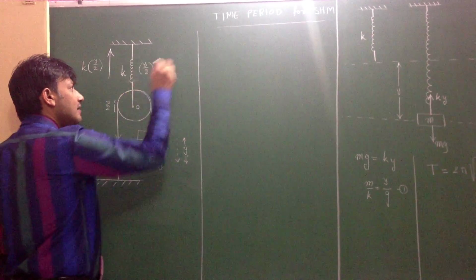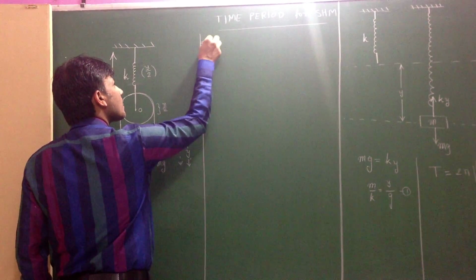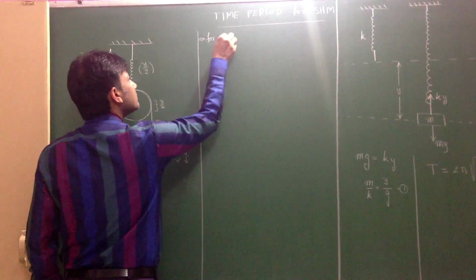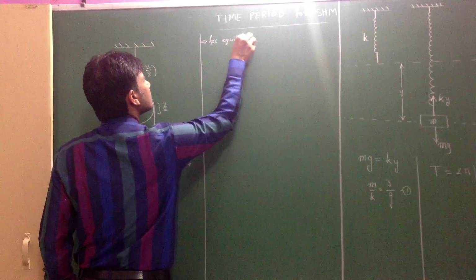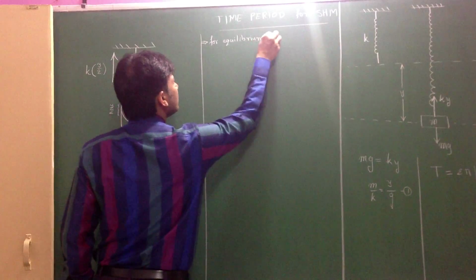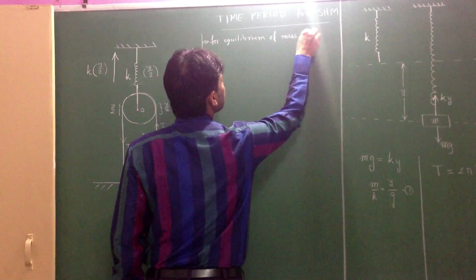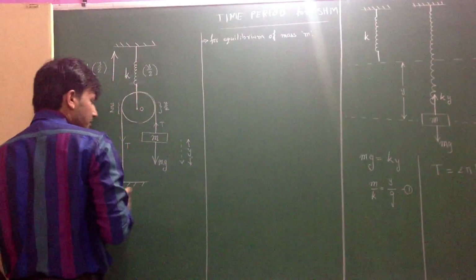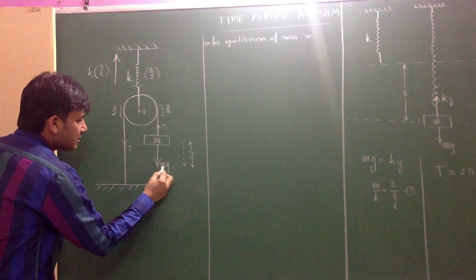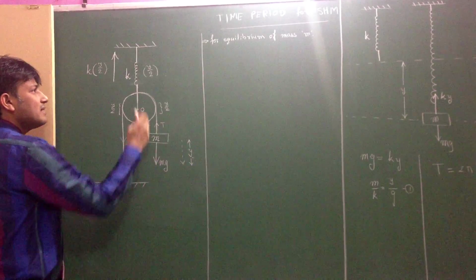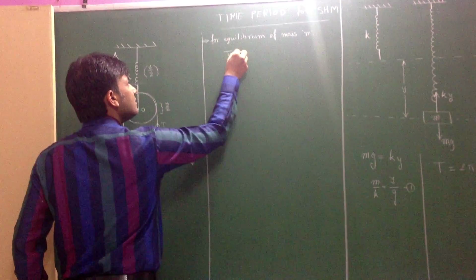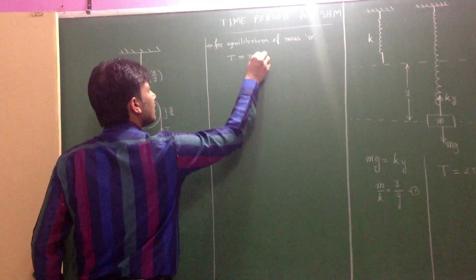This mass is at rest, so for equilibrium of mass m, this mg and T are balancing each other, so I can write T is equal to mg.